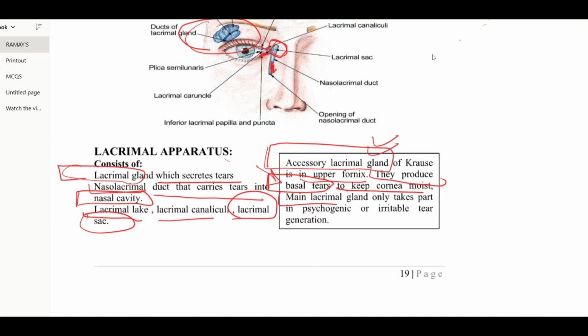The main lacrimal gland comes into action when there is a psychogenic or irritable stimulus. That is a very important point: under normal conditions only the accessory lacrimal glands are functioning.